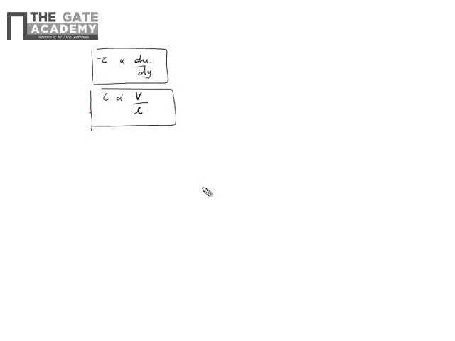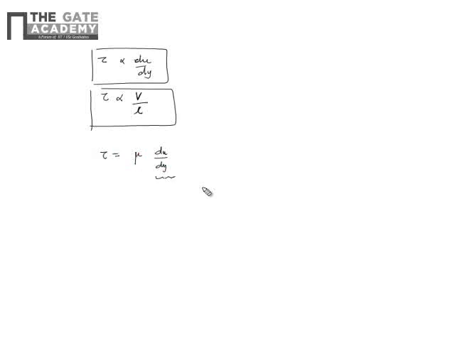So let's continue our discussion. The shear stress we got is proportional to du by dy, and because the profile is linear, we can say V by L, where L is the gap and V is the velocity of the plate. Either of these is the standard thing, and if the profile is linear, then it comes out to be this. Now the proportionality constant is defined as mu.